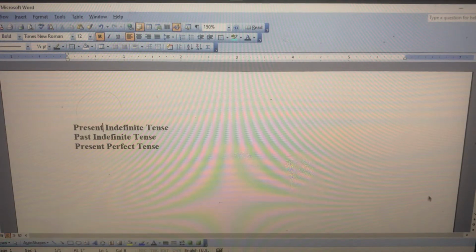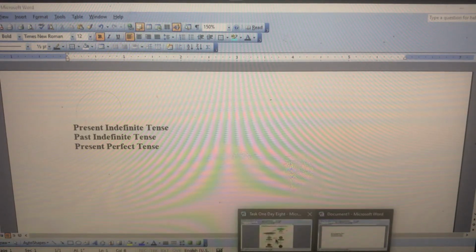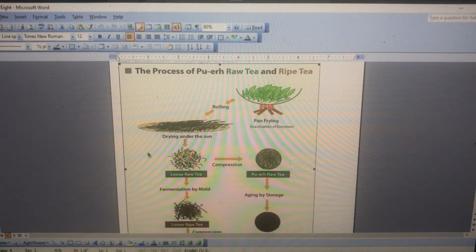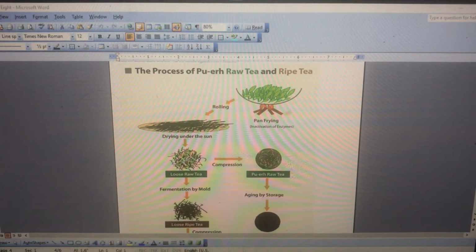Sir, why do we use a mix of tenses in process writing? Because this is something natural. Look here now. For example, if you want to prepare roti, what is the first stage? That is pan frying. This is the very first stage.